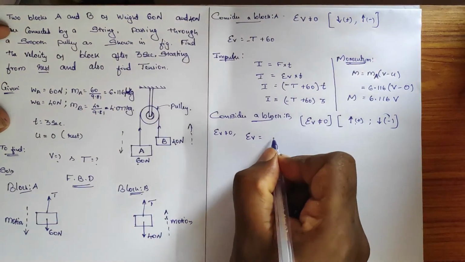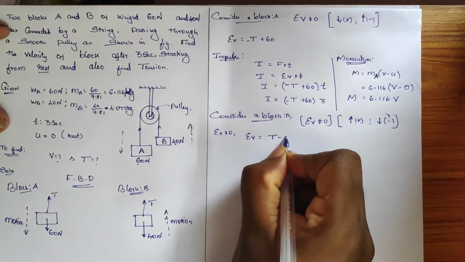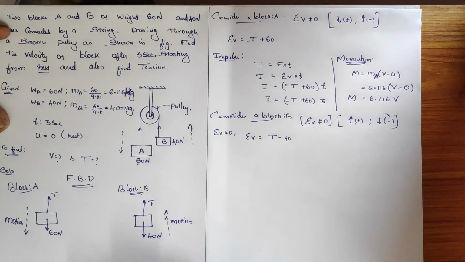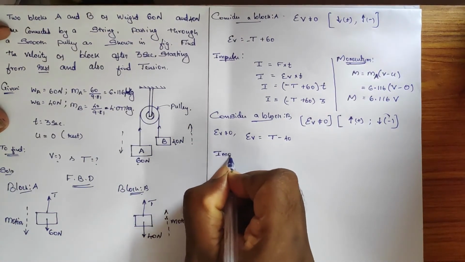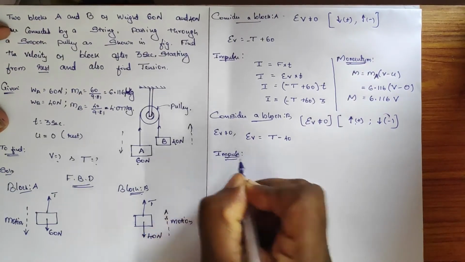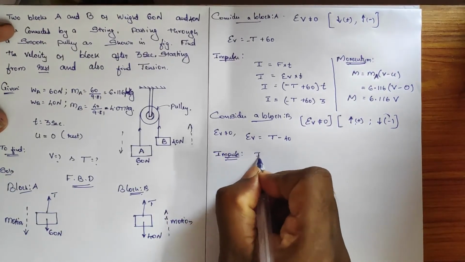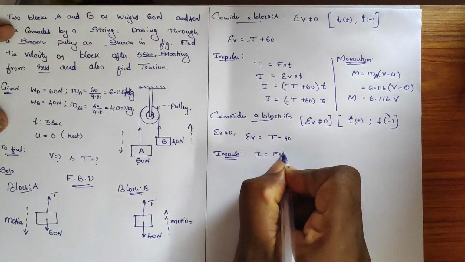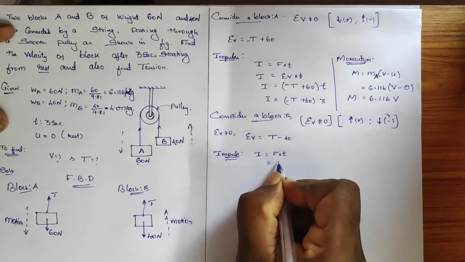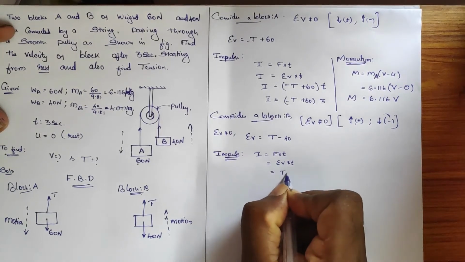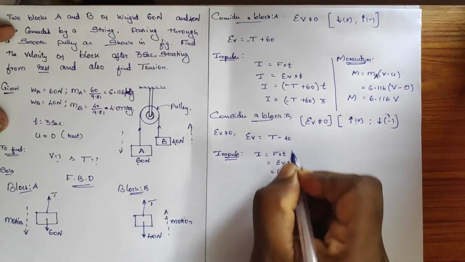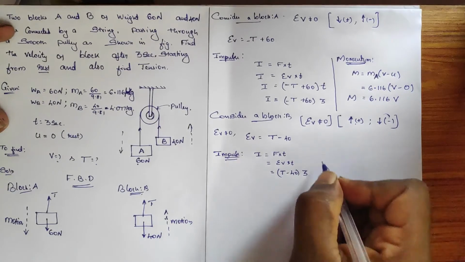So the upward force is positive, so T minus 40 Newton. Okay, fine. So now just identify impulse. I is equal to F into T, so that means sum of vertical force into T, here I will get T minus 40 into 3 seconds.